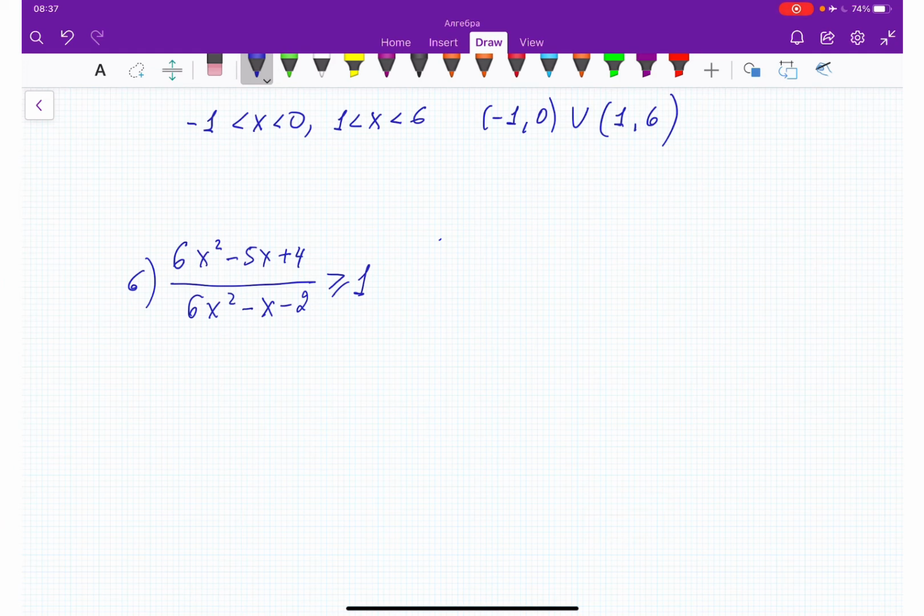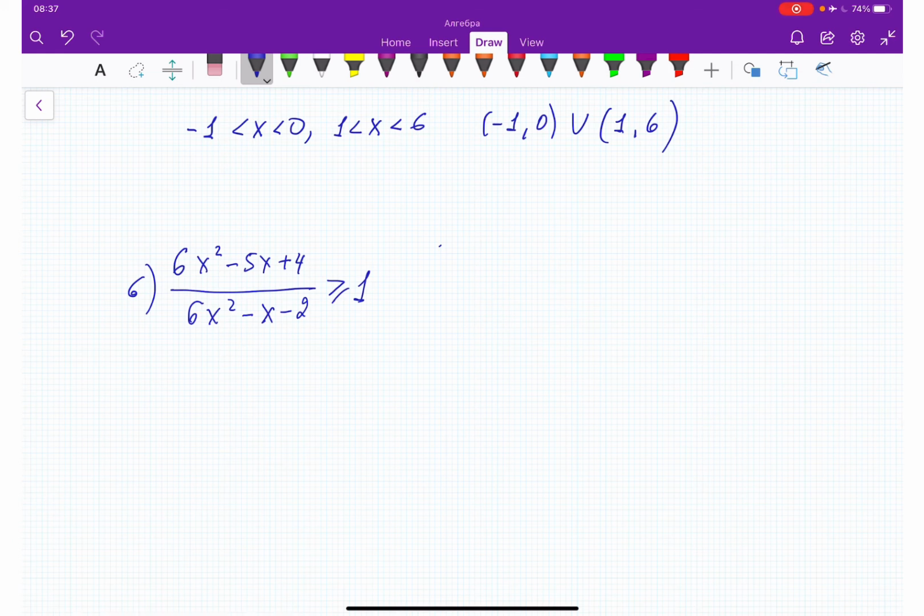What do we have here? Since we have greater than 1, so I'm moving on the other side and I'm getting 6x squared minus 5x plus 4 over 6x squared minus x minus 2 minus 1 greater equals 0. Okay, let's bring to common denominator.